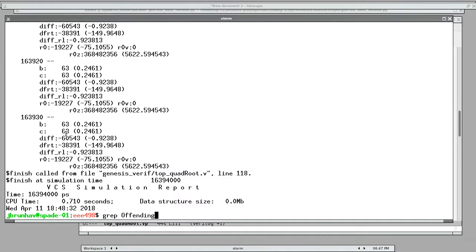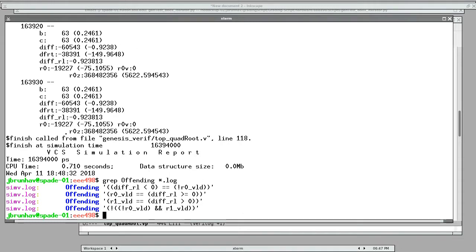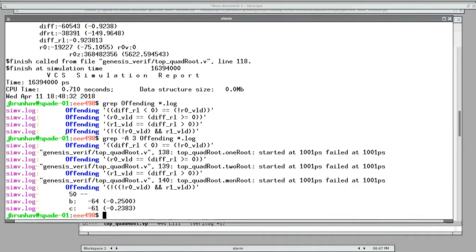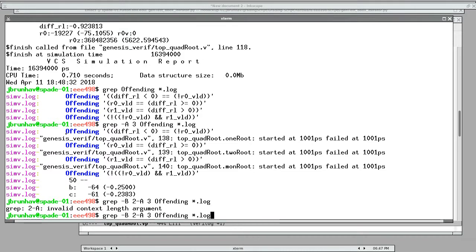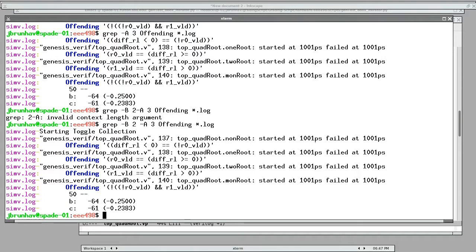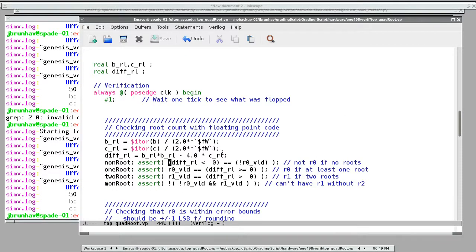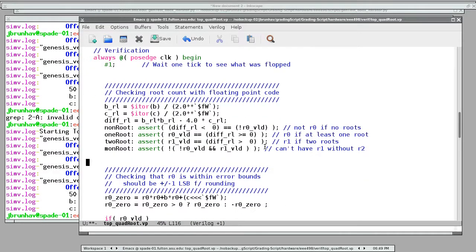Grep offending, start a log. So I believe that's the first. Yep, so those are the first four, so we are happy with the number of roots we have. So that looks like we are functionally correct.